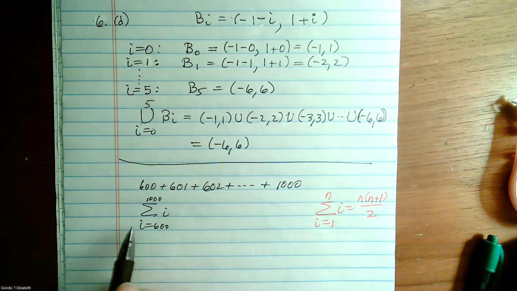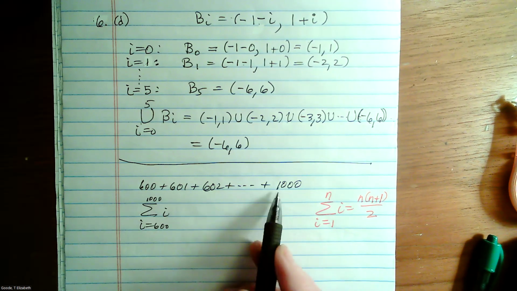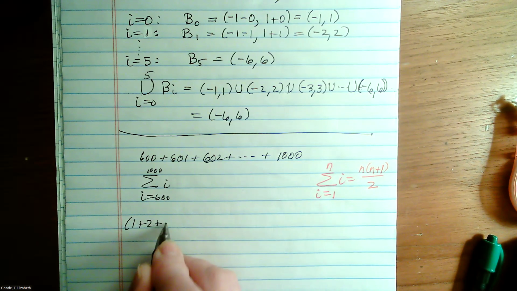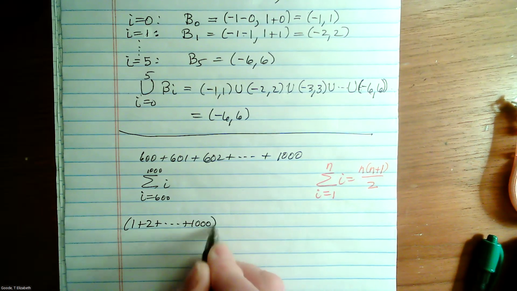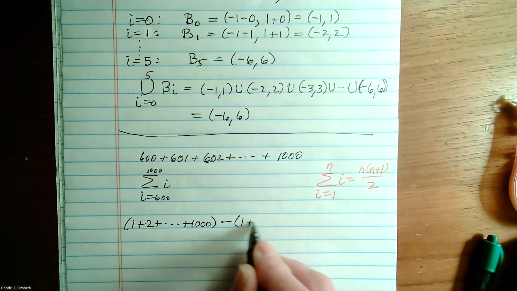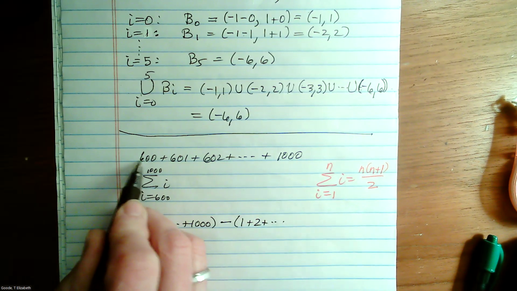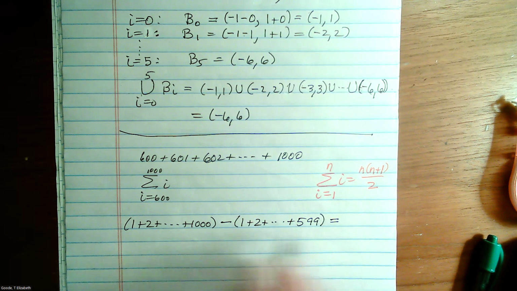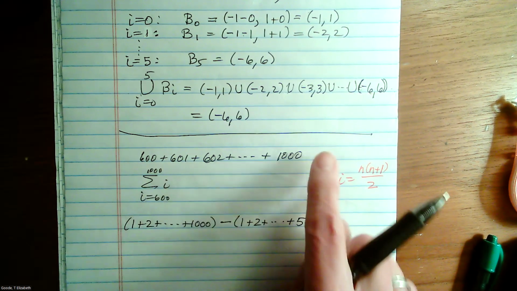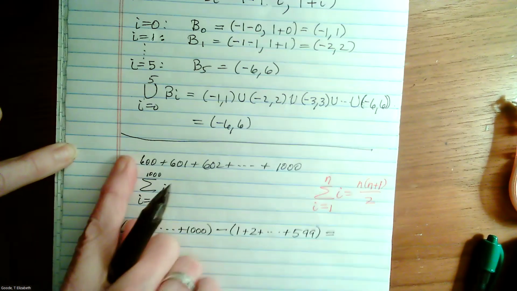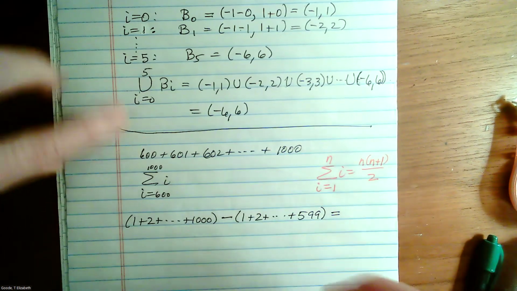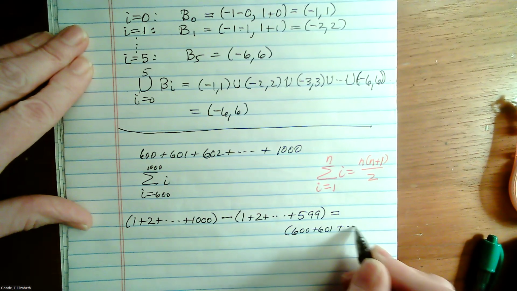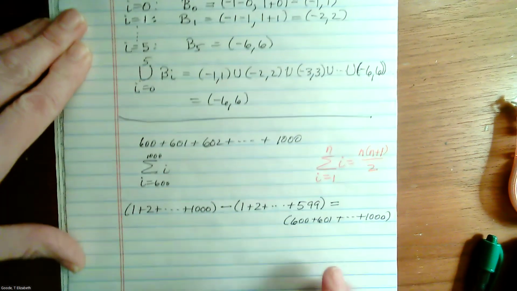Okay? So in order to do this, you realize that if we took 1 plus 2 plus ... plus 1,000 and subtracted 1 plus 2 plus ... plus 599, then what we get is, if we take all the way from 1 to 1,000 and subtract the first 599, then that would equal 600 plus 601 plus ... plus 1,000. Why would we do that?